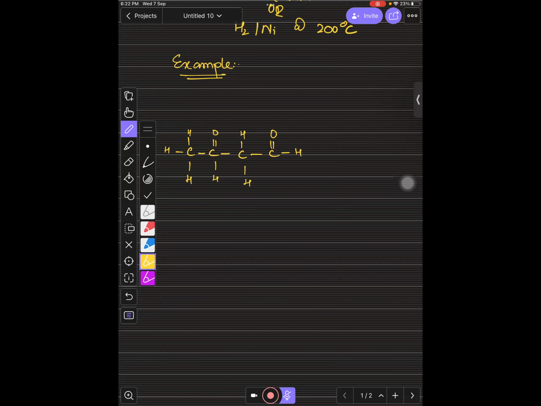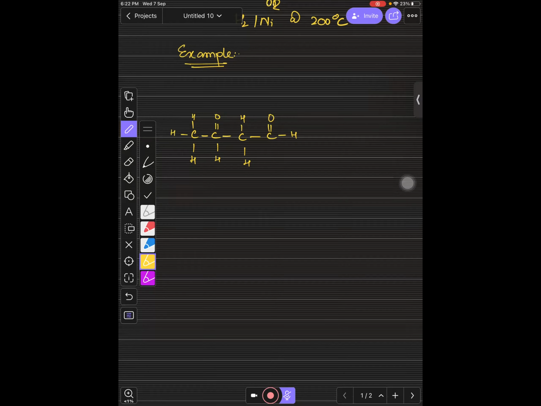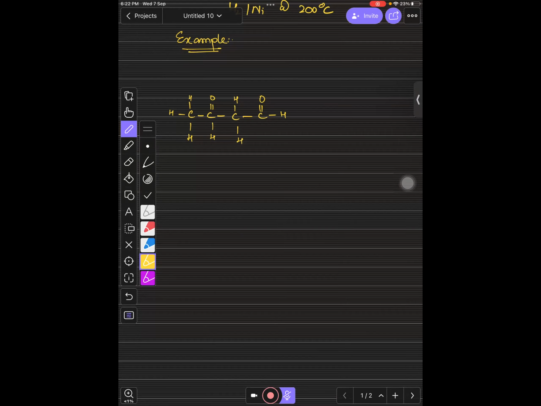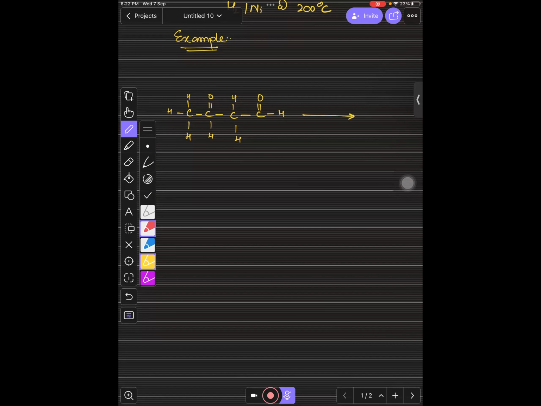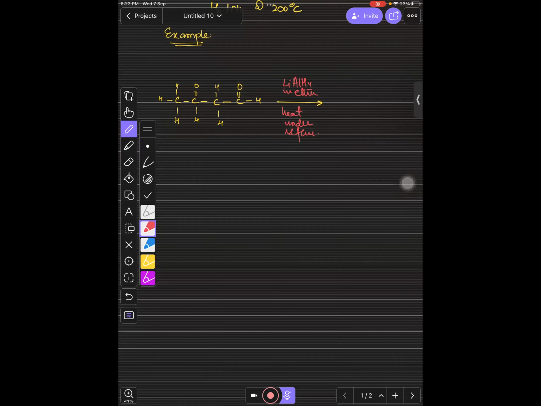So for example, if you treat them with lithium aluminum hydride in ether, and you just do heat under reflux, you will find these are going to be converted back to the alcohol.